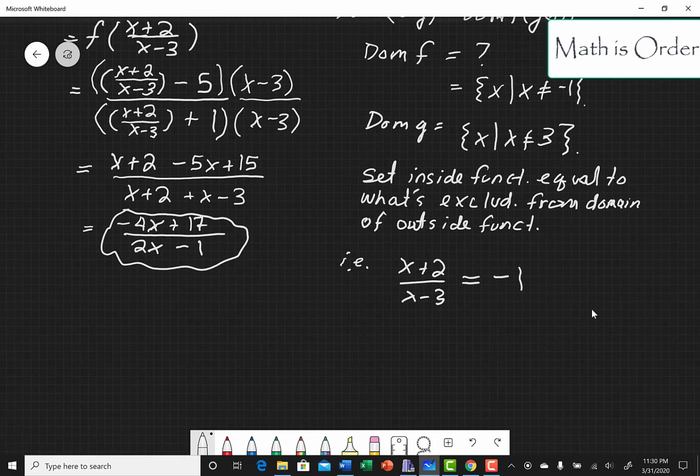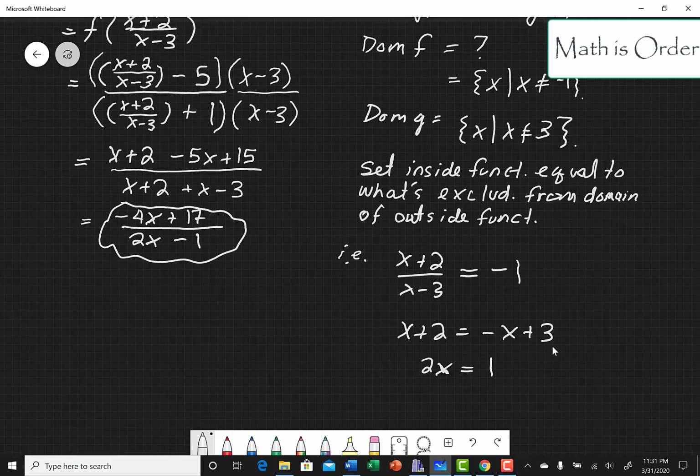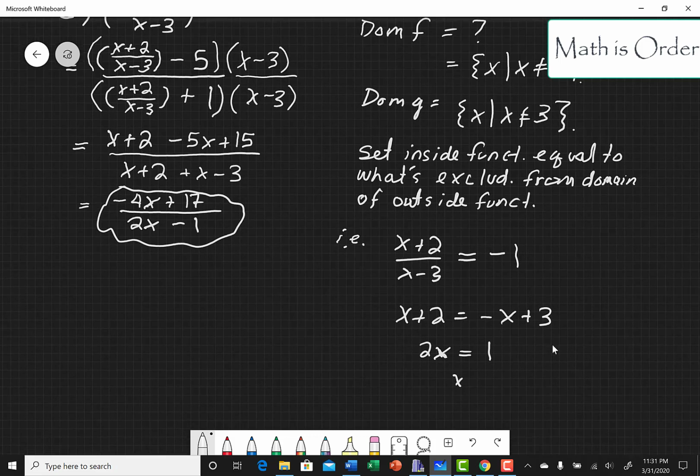So next we solve this. X plus 2 equals negative 1 times x minus 3, after multiplying both sides by x minus 3. After rearranging for x, we're going to get x equal 1/2.